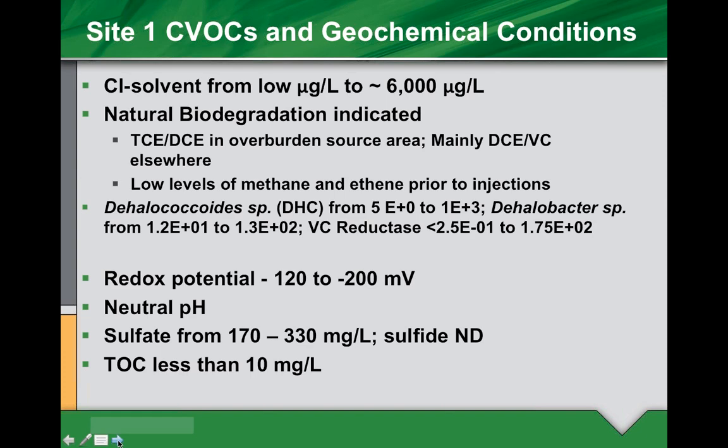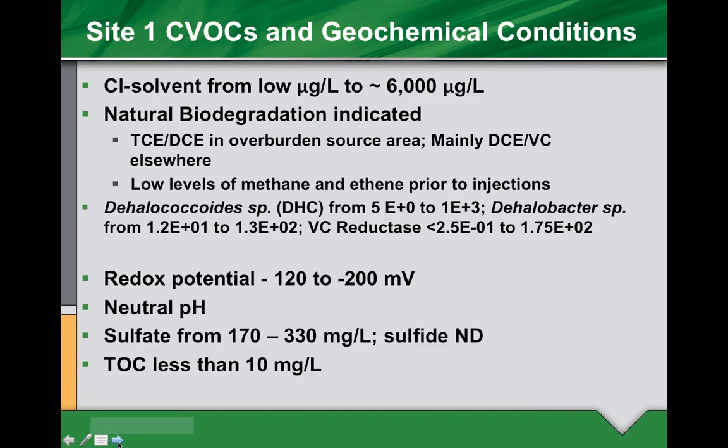There were several indicators of natural biodegradation at this site. For example, the daughter products of TCE reductive dechlorination were detected, primarily dichloroethene in the overburden source area. However, dichloroethene and vinyl chloride were also detected down in the bedrock wells. We did detect methane and ethene prior to any kind of bioremediation activity at the site. In addition, the site already had a negative redox potential indicating anaerobic conditions.